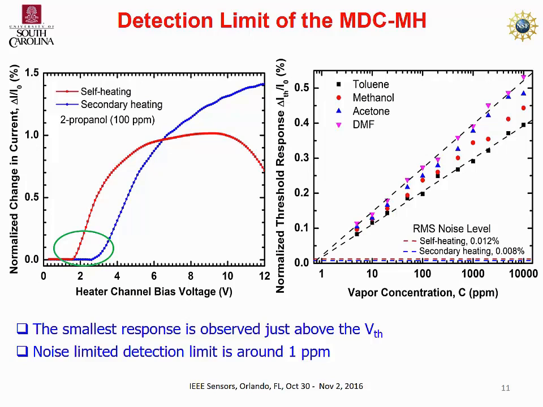Since detecting the threshold voltage is the most important part, we define a threshold response, that is the response that we see at the threshold voltage, and we plot it here for 4 different analytes as a function of concentration. Extrapolating these points, we can detect down to 1 ppm, and the smallest response is observed just about here.